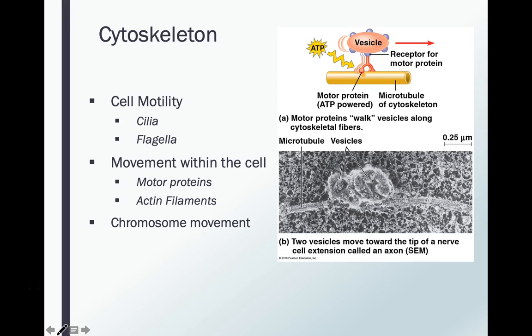Within the cell, specialized proteins called motor proteins will move things like vesicles around within the cell. So on the right side, we have a microtubule. We have a special motor protein that sort of clamps on to that microtubule, and on the other side is the vesicle.